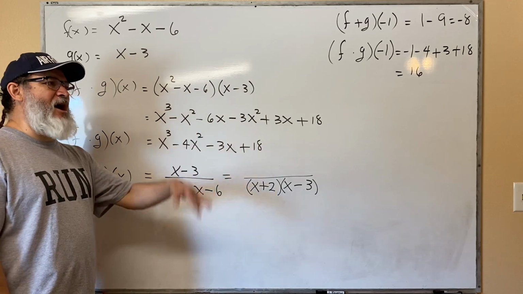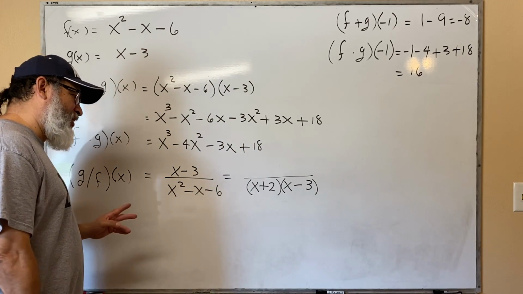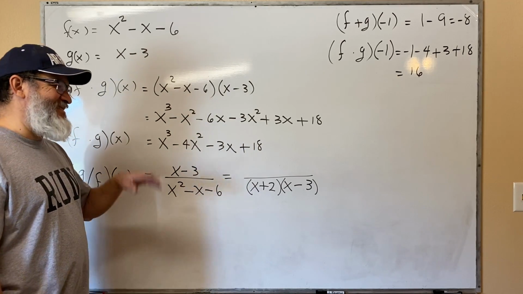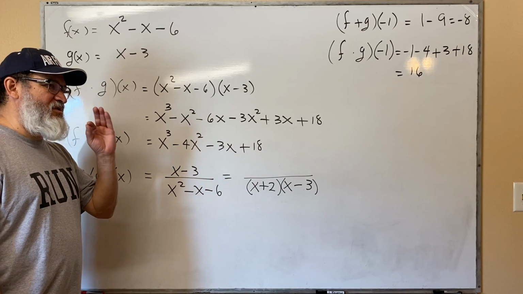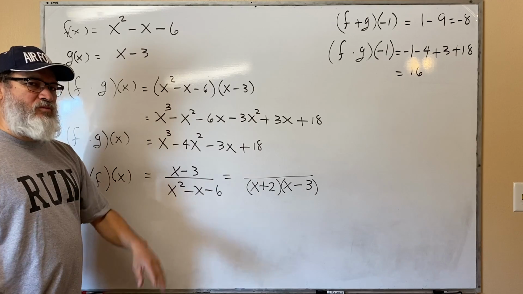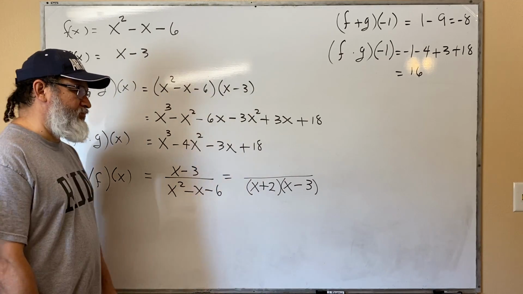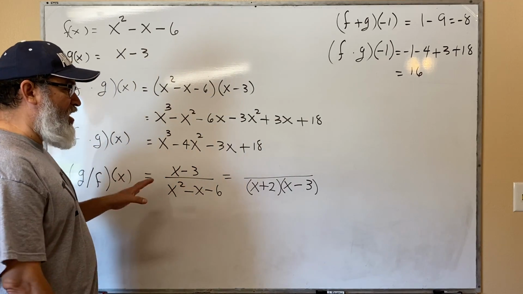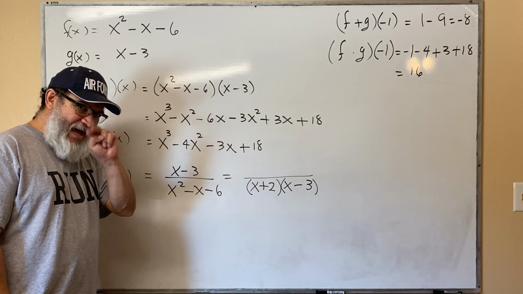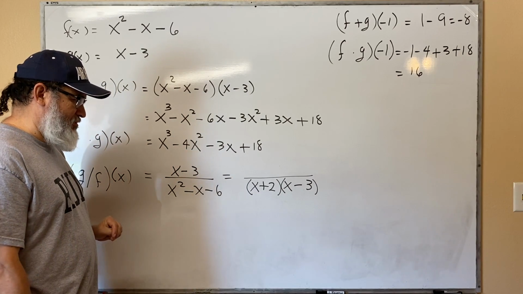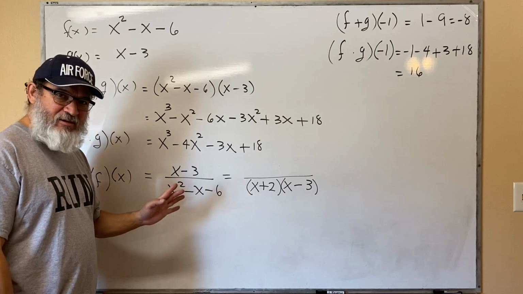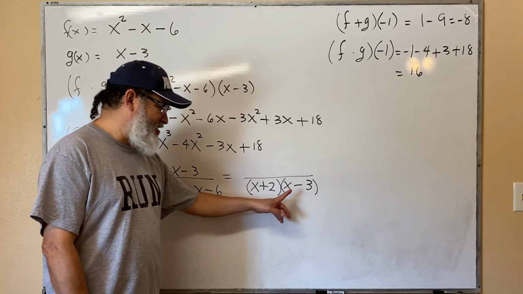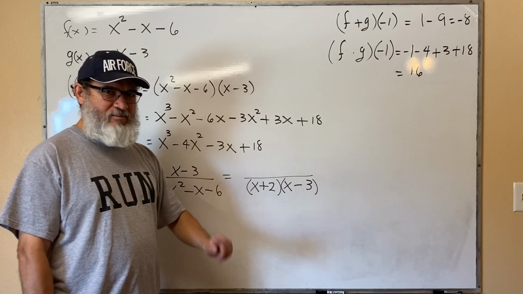So from the denominator, I can tell that this function does not exist at 2 values. This function does not exist at 2 values. When x is -2, it doesn't exist. It does not exist when x is 3, if you notice.